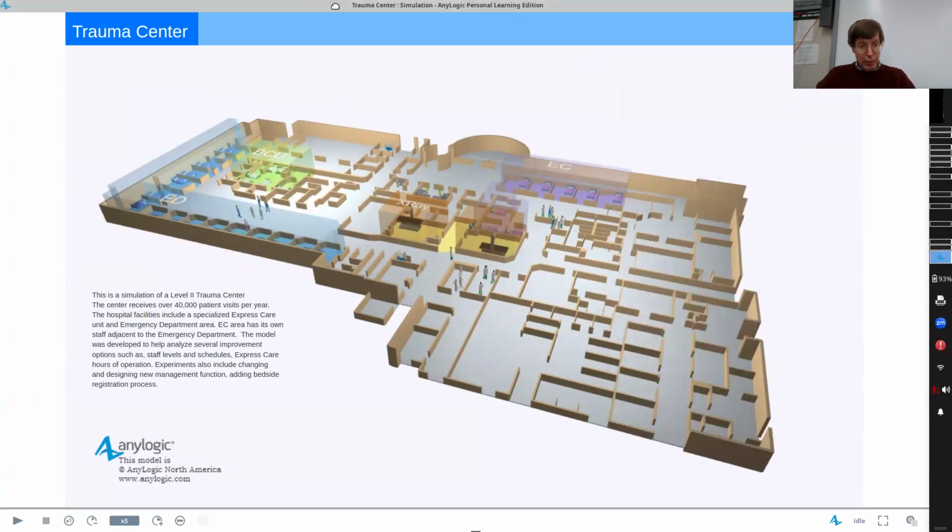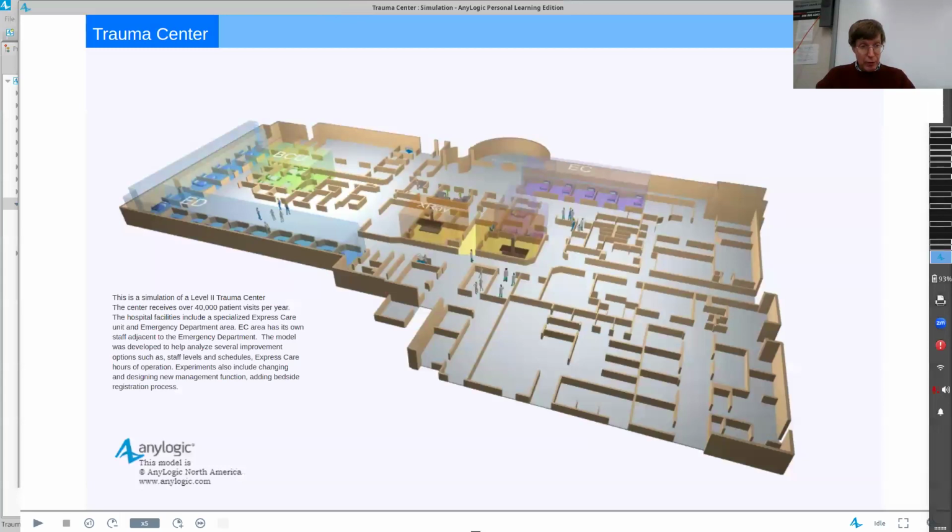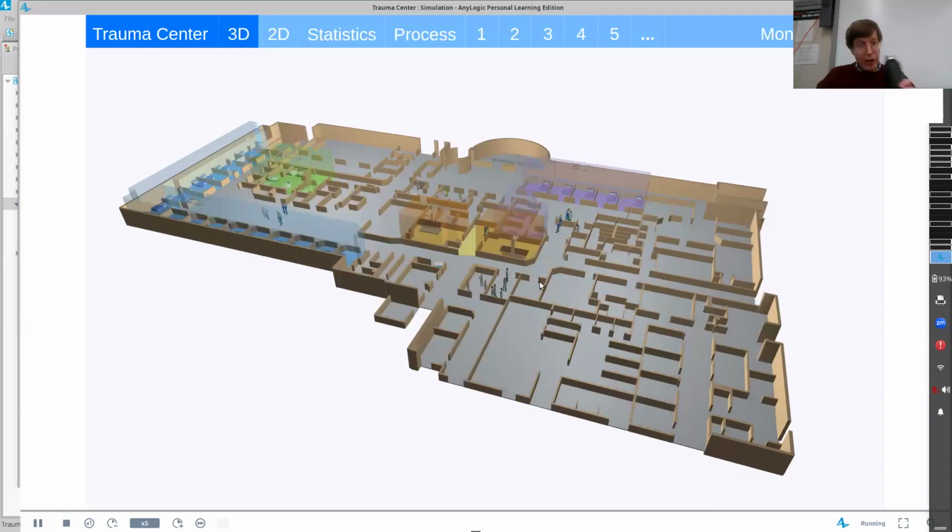Okay, so here we have a 3D depiction of our trauma center, utilizing 3D rendering. What we see here is some movements of individuals within the facility. Ambulances come in, drop off patients.